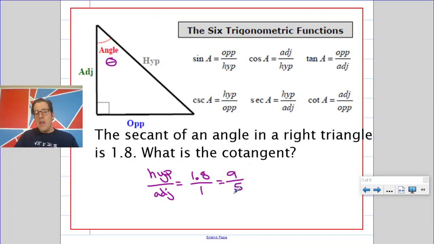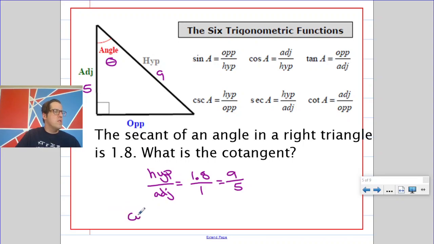So I could use either of these, but I'm going to use 9 over 5 because I think I would just rather use natural numbers. So I'm going to label the hypotenuse as 9 and the adjacent as 5. Now it asks me what the cotangent is.